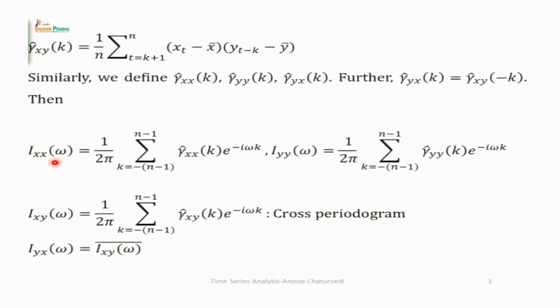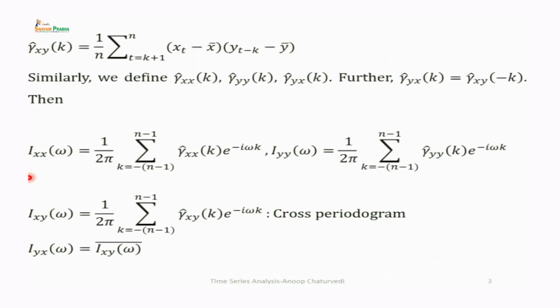So, I x x omega is equal to 1 upon 2 pi summation k equal to minus n minus 1 to n minus 1 gamma hat x x k e to the power minus i omega k. Similarly, we define I y y omega also, 1 upon 2 pi summation over k gamma hat y y k e to the power minus i omega k.